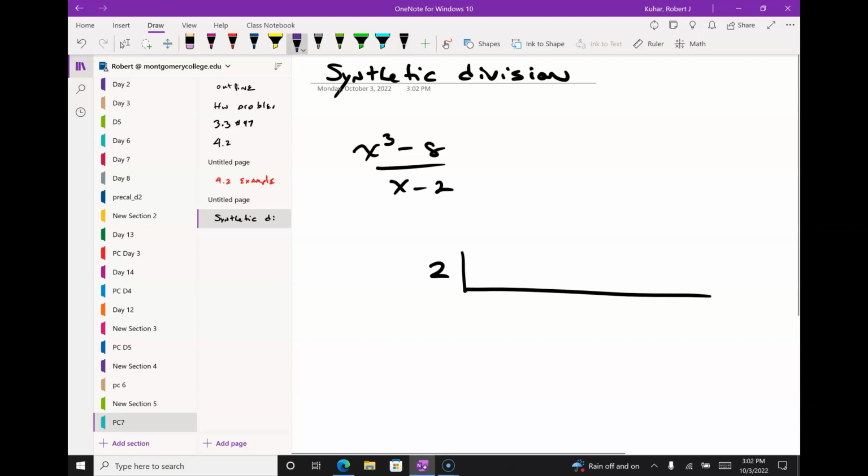Again, what x makes x minus 2 zero? 2. I'm putting in just my coefficients of x cubed, x squared, x, and my constant. Since I put them in as placeholders already, I know it starts with x cubed, goes to x squared, goes to x, goes to a constant.